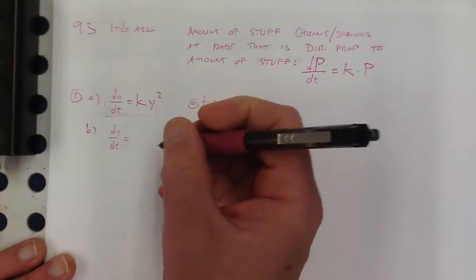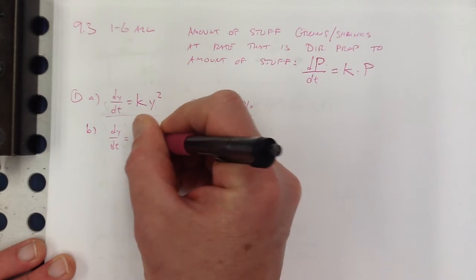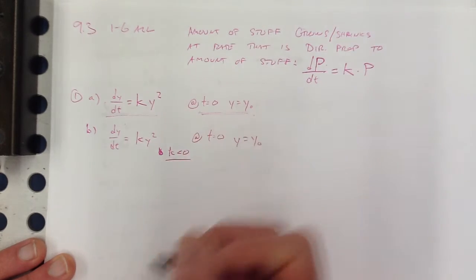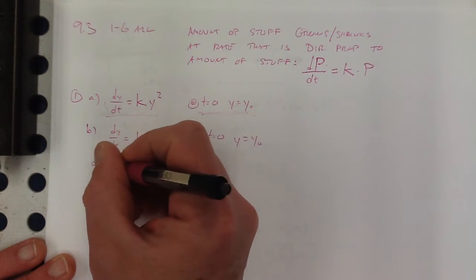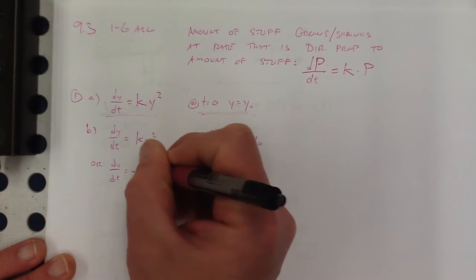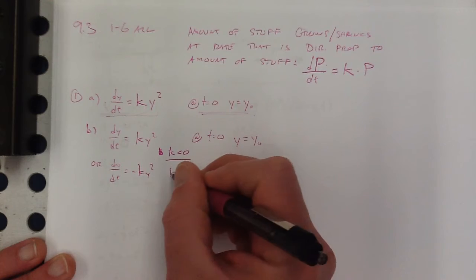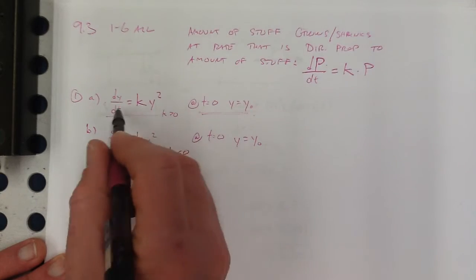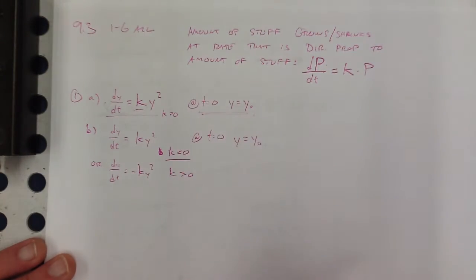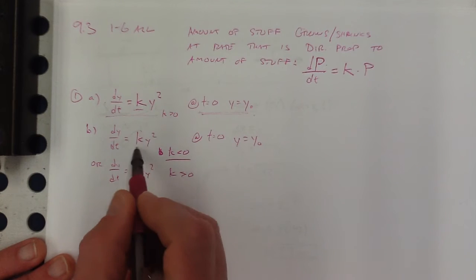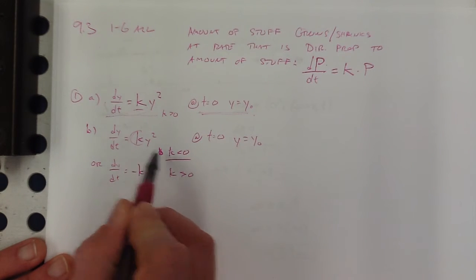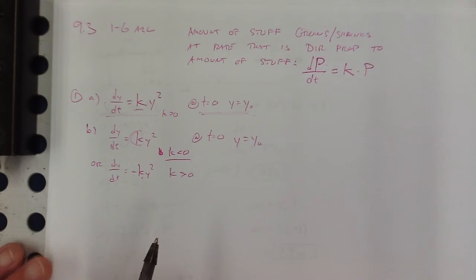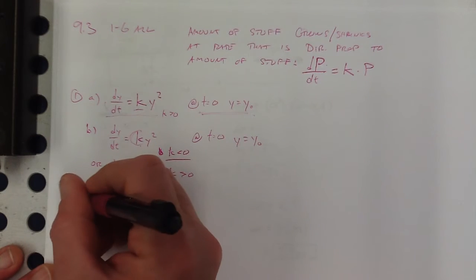You can either just do ky squared and say that k is going to be negative, or you can say, I'm going to make it negative ky squared, and then k would be some positive number. Here, of course, k is going to be positive because it's increasing. So either way, it doesn't make any difference to me. This whole thing has to be negative, whether the negative sign is part of the k or whether the negative sign is in front of some positive version of the constant. It's got to be negative. All right.